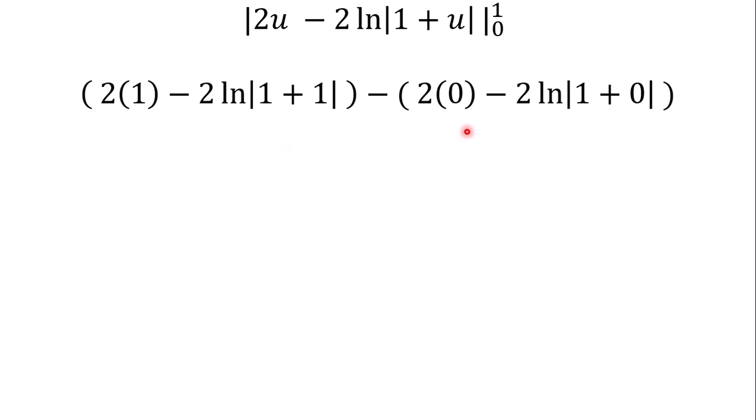Now let's come here. 2 times 0 will give us 0, and then here 1 plus 0 will give us 1, and then natural log of 1. From the laws of logarithm, natural log of 1 to any base is 0.